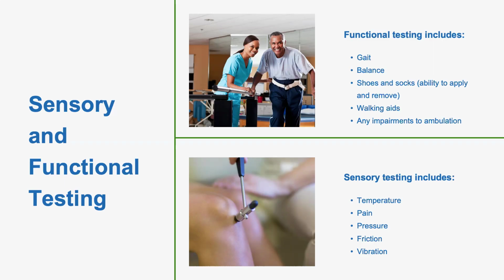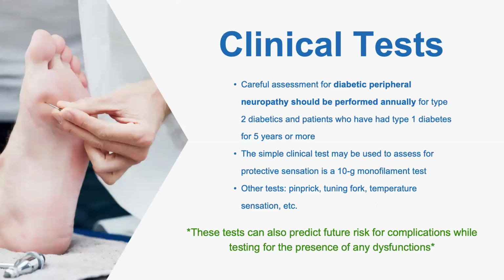So for sensory testing, we can test for temperature, as we've discussed. We can check for pain. We can check for pressure, vibration, proprioception, and friction. With regard to sensory testing, a particular test that is recommended to be done at least once a year in type 2 diabetics and at least once a year in type 1 diabetics that have been diagnosed with type 1 diabetes for at least 5 or more years is the Semmes-Weinstein monofilament test.